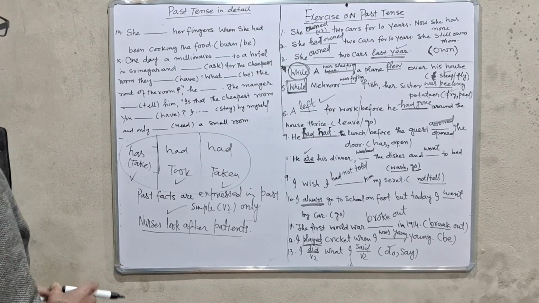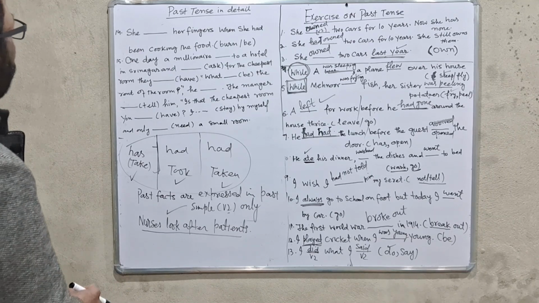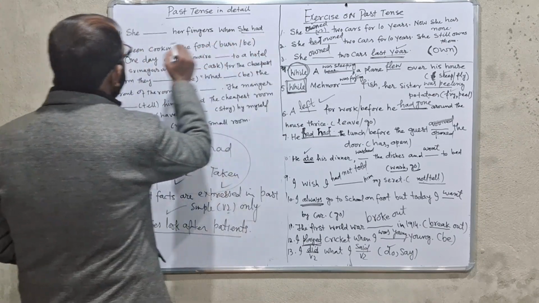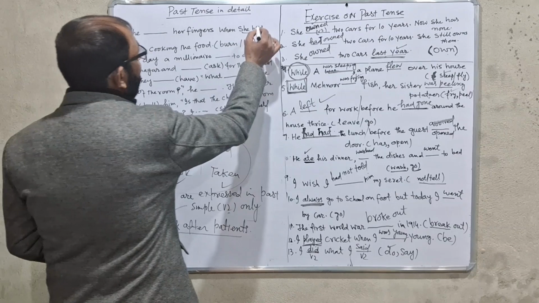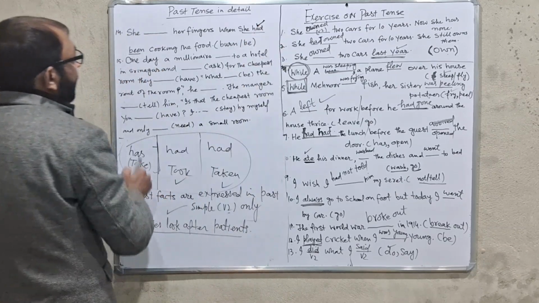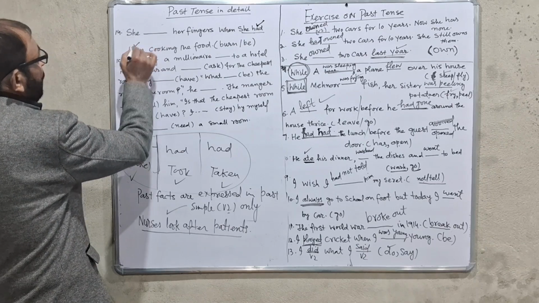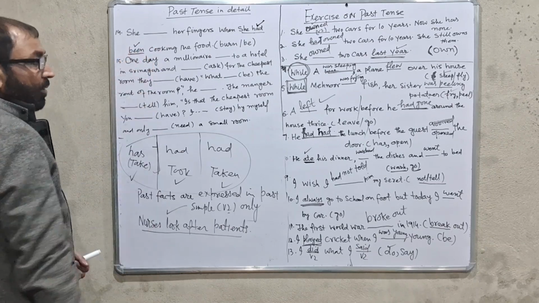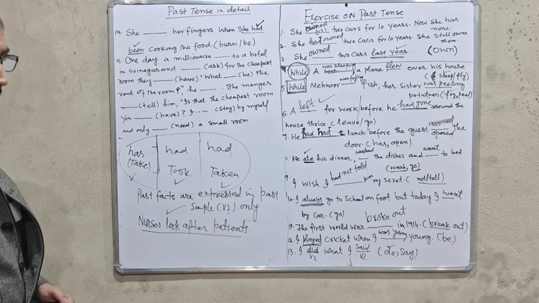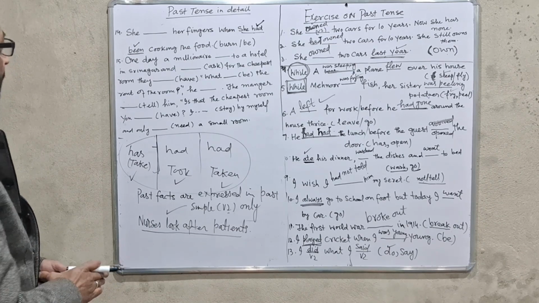She dashed her fingers when she had been cooking the food. She had been. Had means past. Been implies perfective, because it is the perfect form. Be, its past tense is was, and its third form is been.